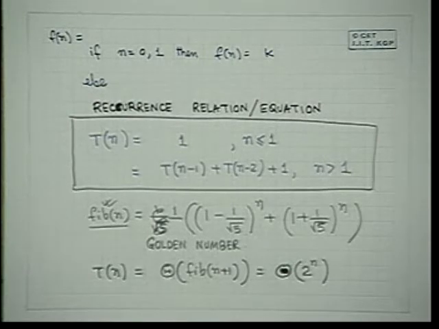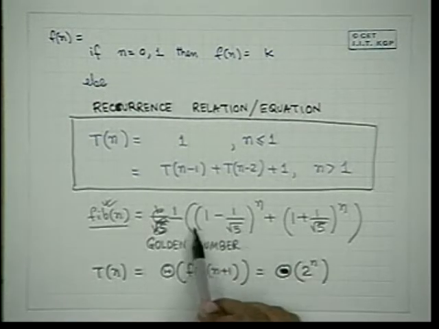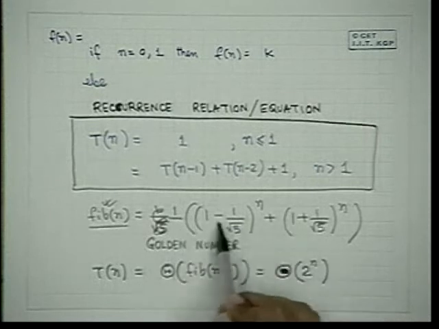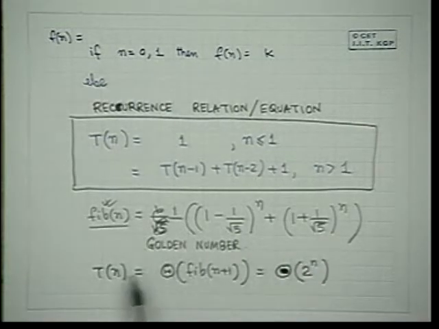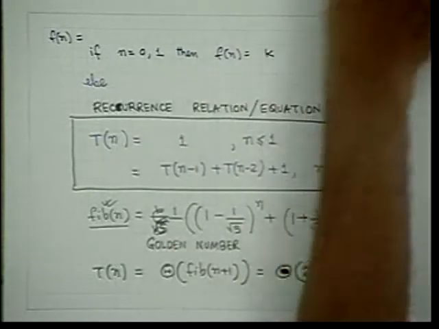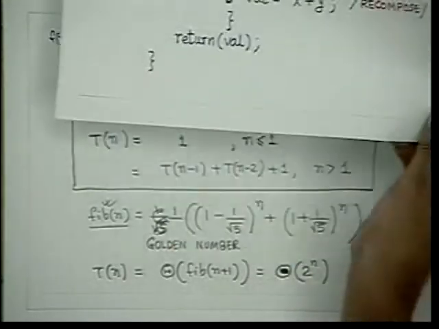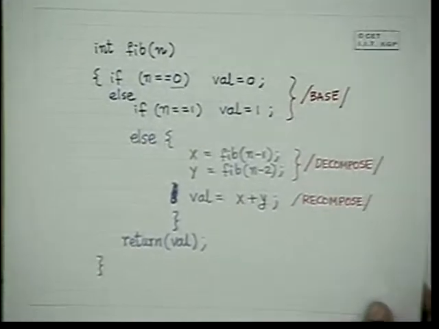You can show that. I just leave it to you to try out, because these are both numbers which will be exponential. The growth of this will be exponential. So this algorithm is of order exponential time, 2 to the power n.